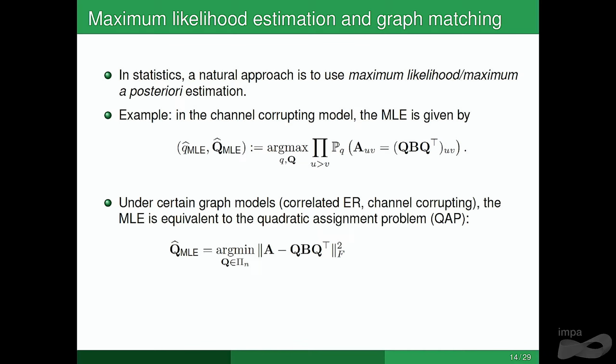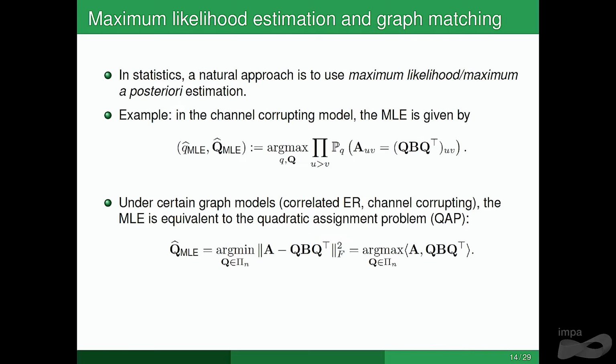With this likelihood function, it's not hard to check that the MLE for the permutation under this model is going to be equal to the solution of this optimization problem, which is a very popular problem used in computer science and other areas to solve the graph matching problem in general. Even if we don't have a model, this is a loss function that is typically used. But under this particular model, the loss function actually coincides with the likelihood function. So this suggests that using this approach is good for the problem.